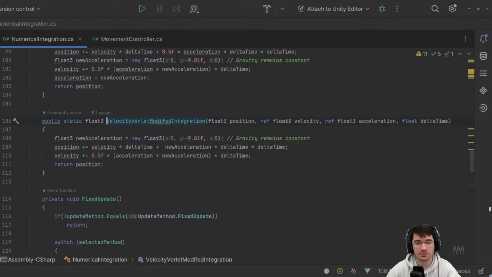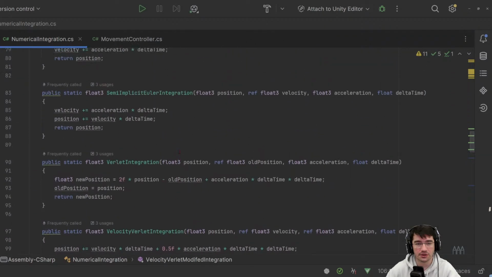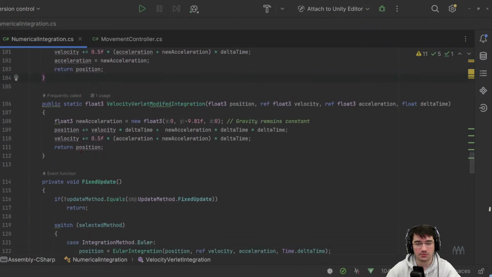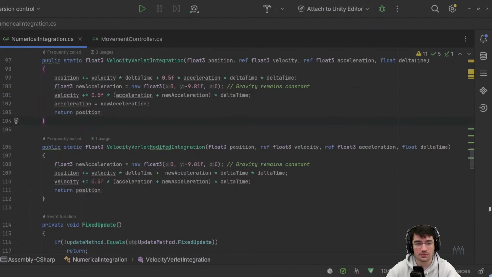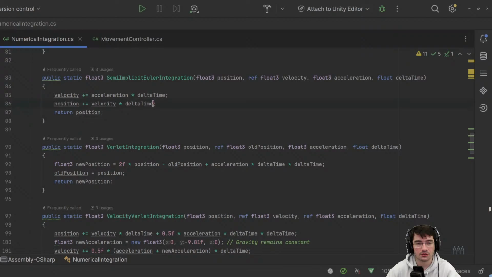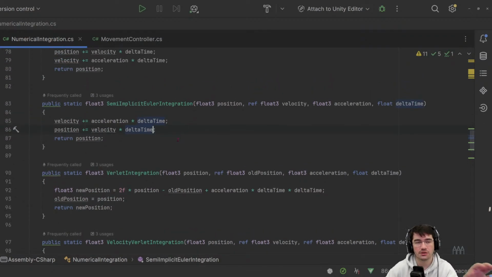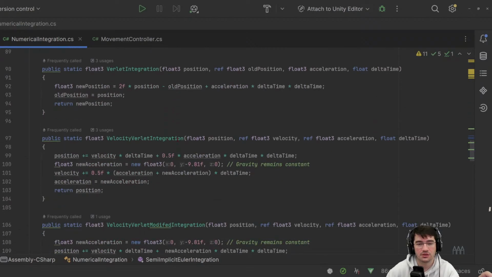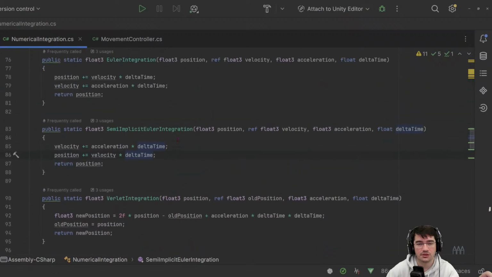Because this one is basically the semi-implicit Euler integration. So where is this one? Updating the gravity.